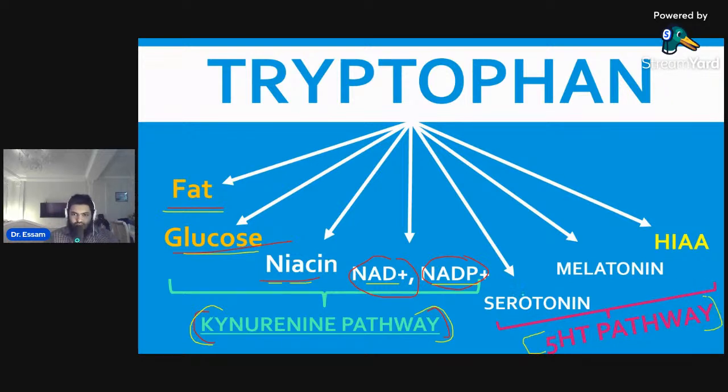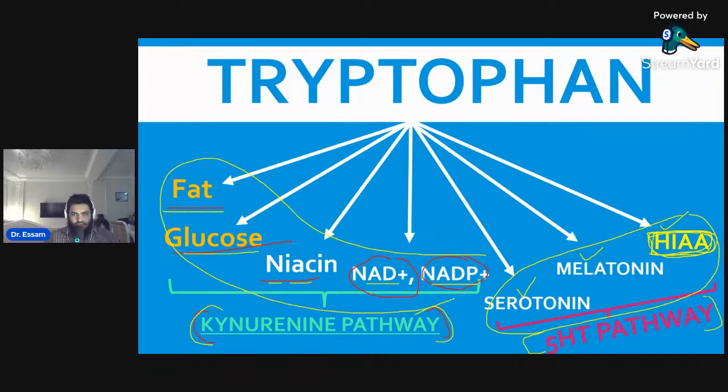What are the three products? Serotonin, melatonin, and HIAA. This is hydroxyindole acetic acid. You don't have to learn the full form, but you should know that if I ask you the question, it is HIAA. Okay. So these three products are from the 5-HT pathway, and these five products are from the kynurenine pathway. Okay.